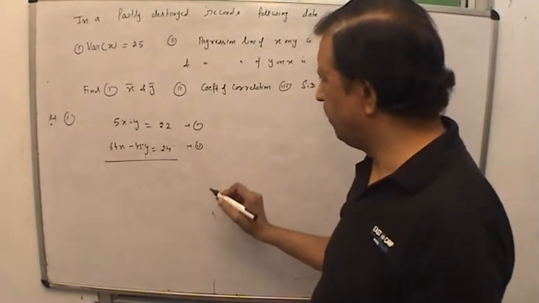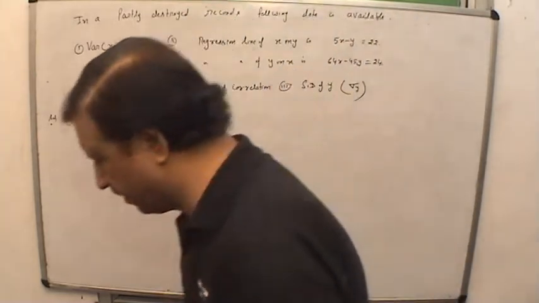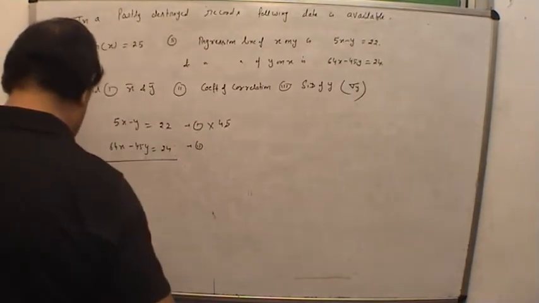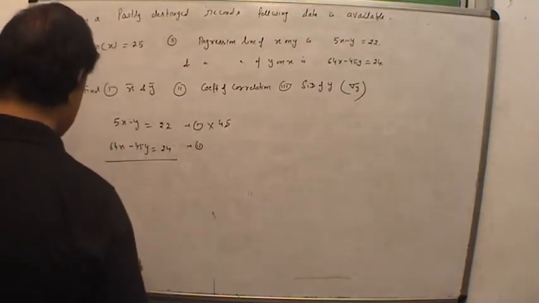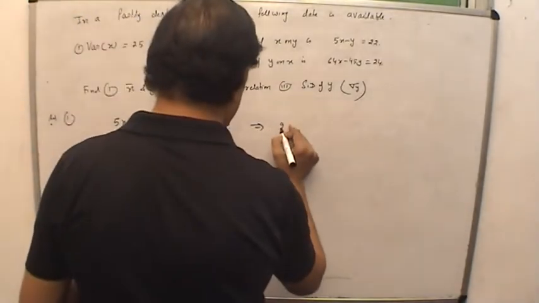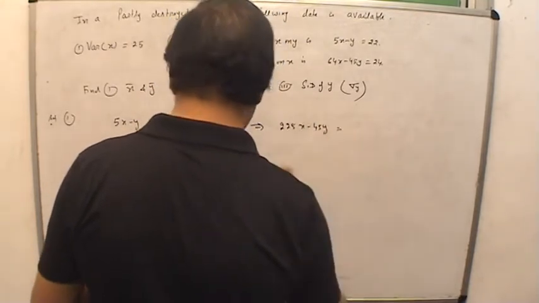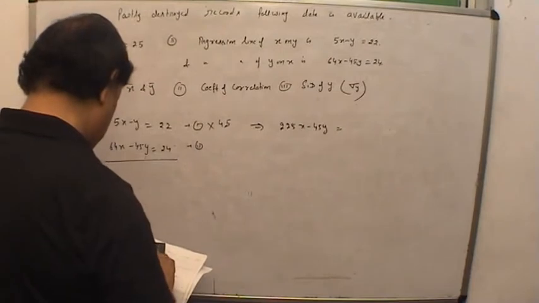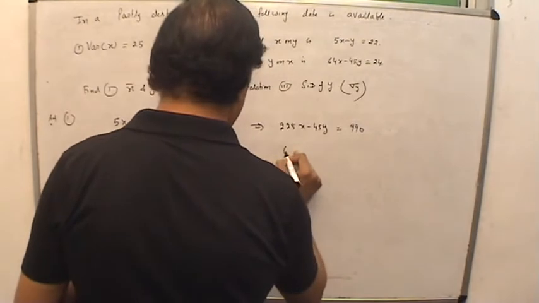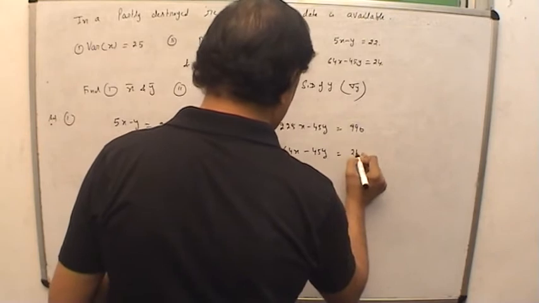We multiply equation number 1 by 45. We get 225x minus 45y is equal to 990, and 64x minus 45y is equal to 24.